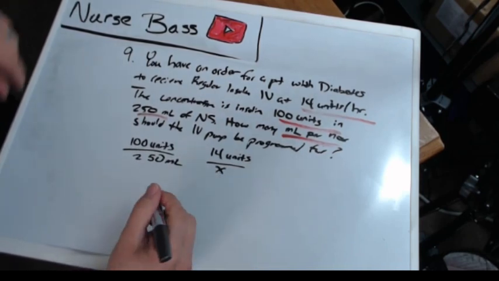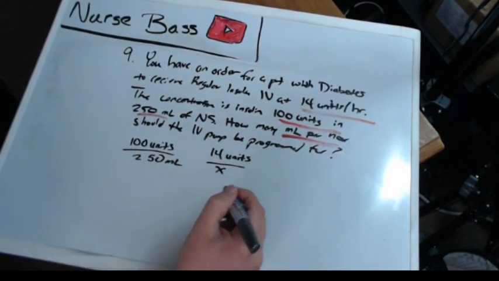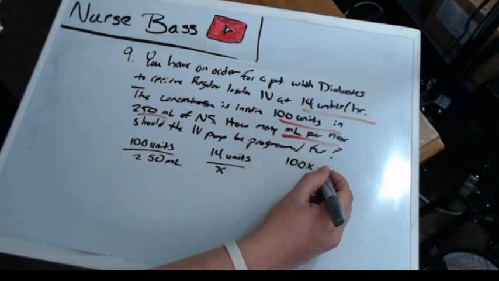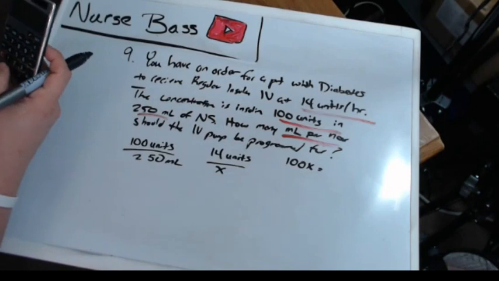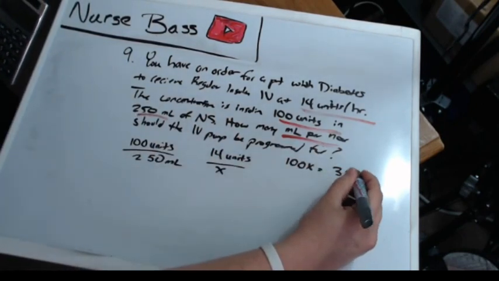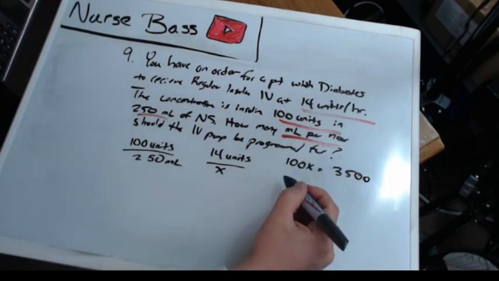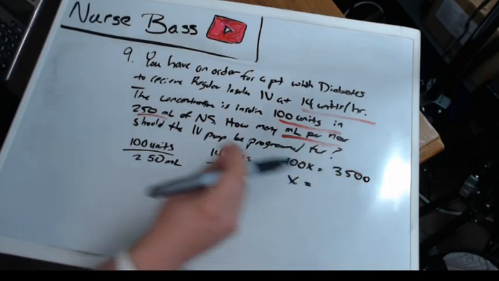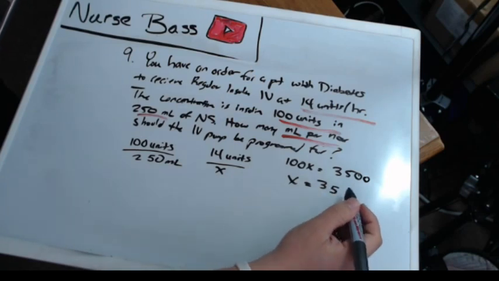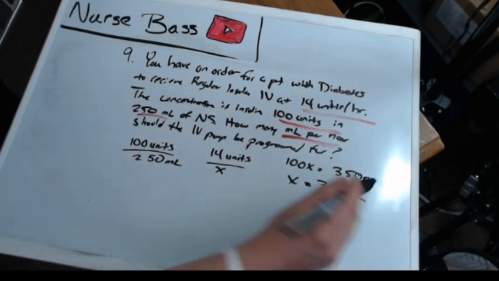You do the simple cross multiplication. 100 times x is 100x. 250 times 14, 3,500. Divide by 100 on both sides, leaving you with 35 milliliters.